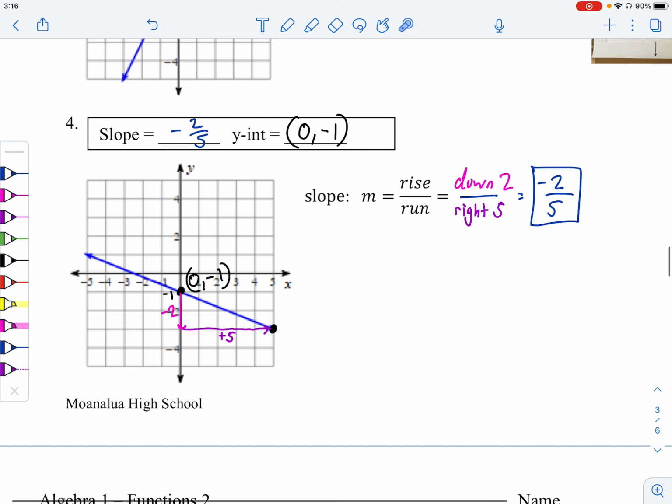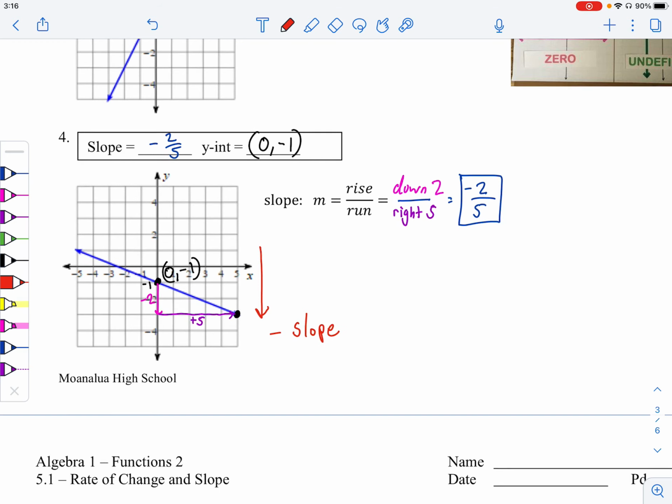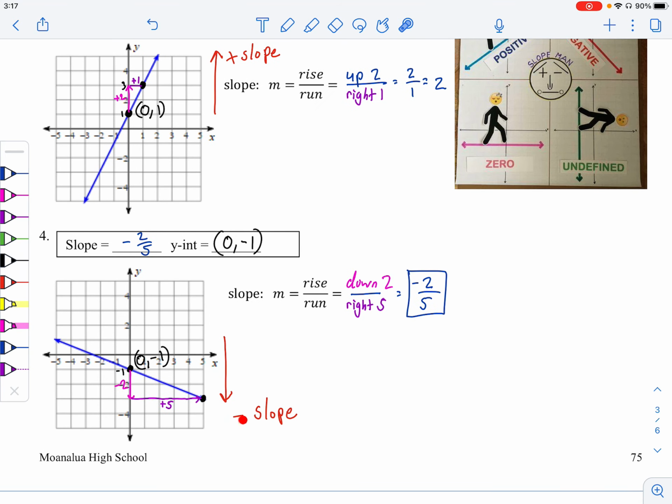This side, the right side is going down. So if the right side is going down, this is automatically going to be negative slope. So you can tell just by looking at the right side whether your slope is positive or negative. So positive slope, up to the right, positive 2. This one's down to the right, so negative slope should be a negative. This one's negative 2/5.